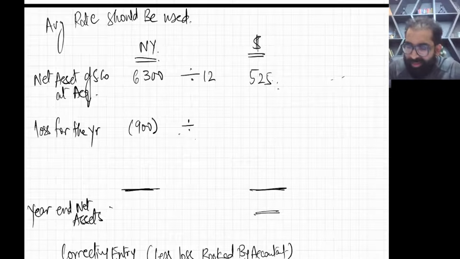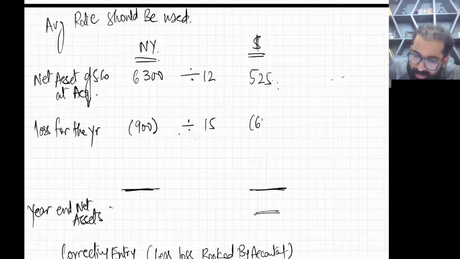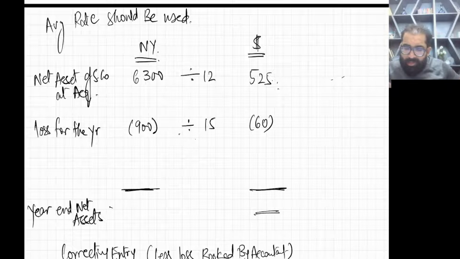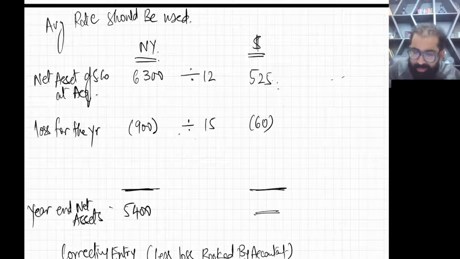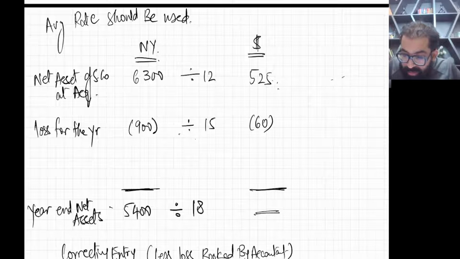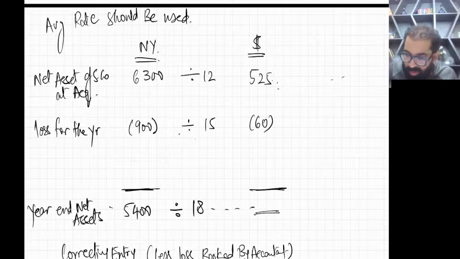This was the mistake they made. So 900 divided by 15 is 60. Now 6,300 minus 900, year-end net assets, is 5,400. As these are the year-end net assets, we need to use the year-end exchange rate. So 5,400 divided by 18 is 300.